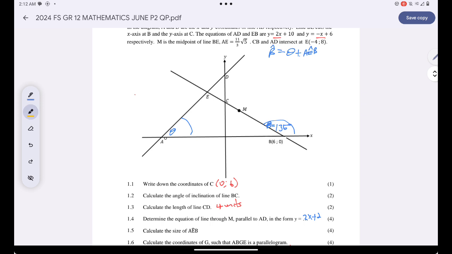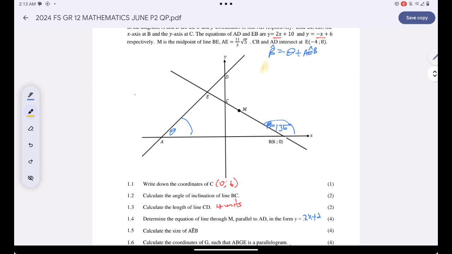Because if this is a triangle like this, this angle will be the exterior angle of a triangle. So the exterior angle of a triangle is always the sum of the interior opposite angles together. So beta is always theta plus AEB, right?